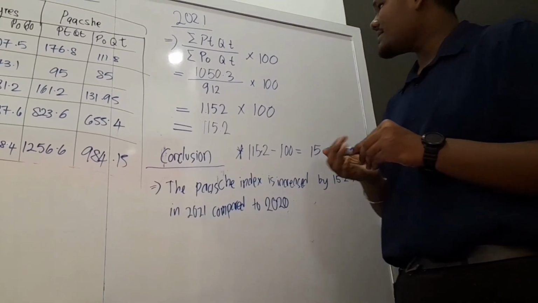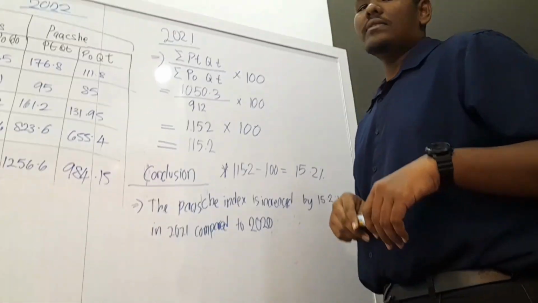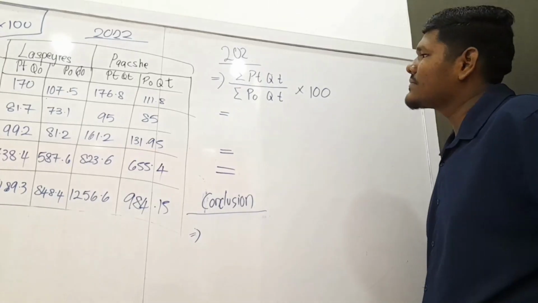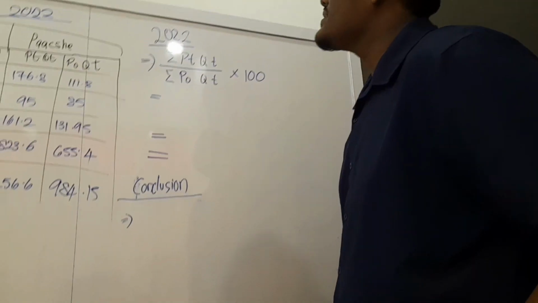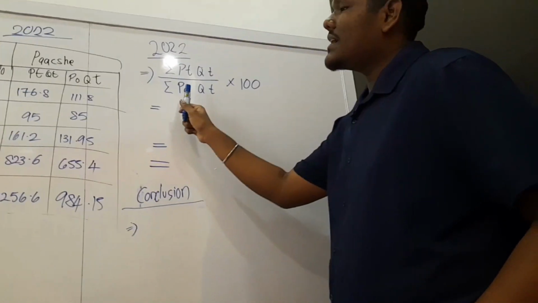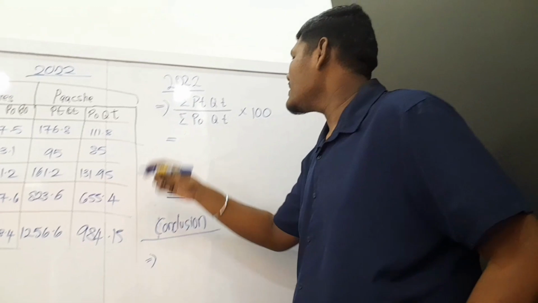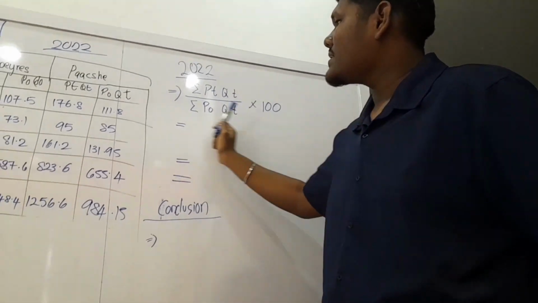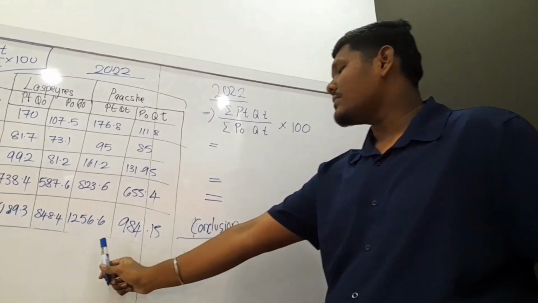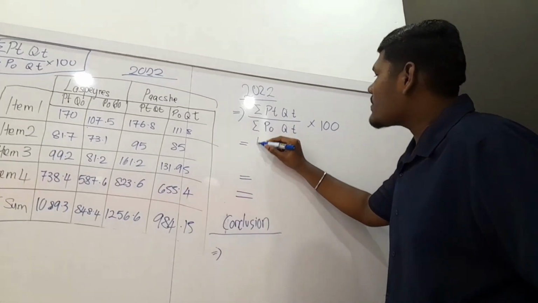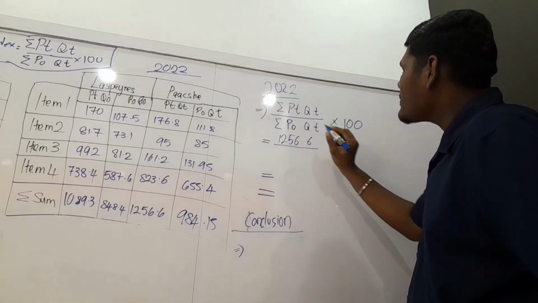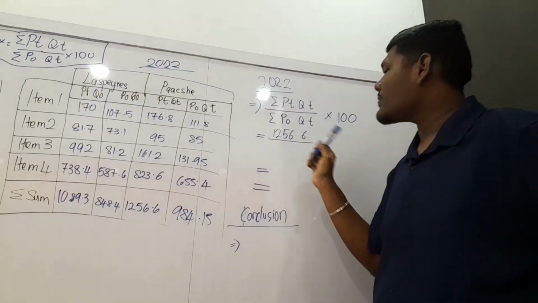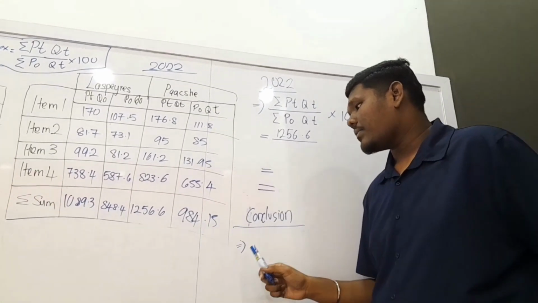Alright, that's it for 2021. Now let's continue with 2022. Same as the table, now PnQn, the sum is 1256.6 over P0Qn, the sum of P0Qn is 984.15.